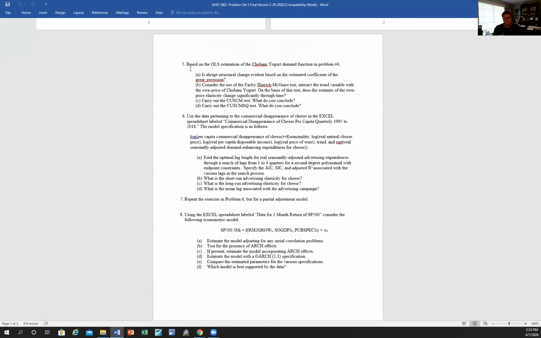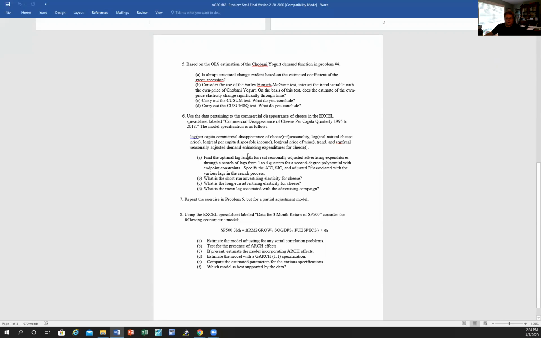Now you can do this one of two ways. You could remove Great Recession and do that, or you can keep Great Recession in and do it that way. And the same thing would be true for C and D in carrying out the cumulative sum and cumulative sum of squares tests. So again, most people did pretty well on question 5.